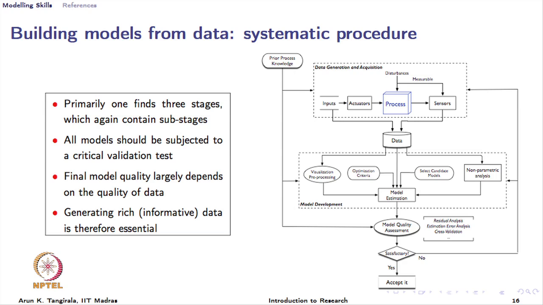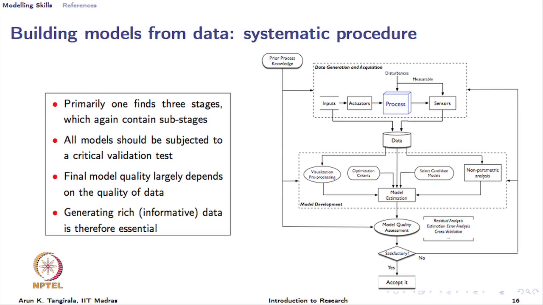Once we have understood the data well and it is ready for modeling, we should not necessarily jump straight to building a model unless I know the model structure very well. That is, I know it is a first order model, or I know that it is a linear or non-linear model and so on.